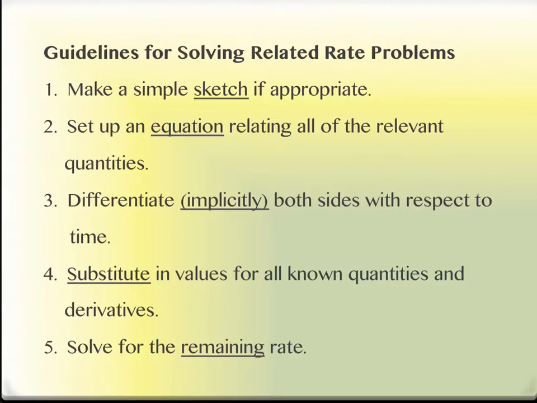The fourth one is we're going to substitute in values for known quantities and known derivative quantities. And the last thing is to solve for the remaining rate. Okay, so as you're sort of keeping track, these are the 5 steps. I'm not going to label them as we go, but we are going to think back to where are we in this process as we go through this.